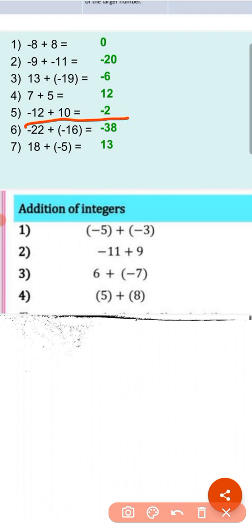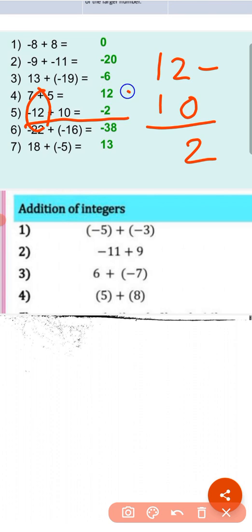Follow the rules. 12 minus 10 is 2. Here the bigger number is 12. So the sign of our answer is negative, because negative 12 plus 10 is our question. 12 minus 10 is 2 and put the larger number's sign. It is negative 2. Okay.